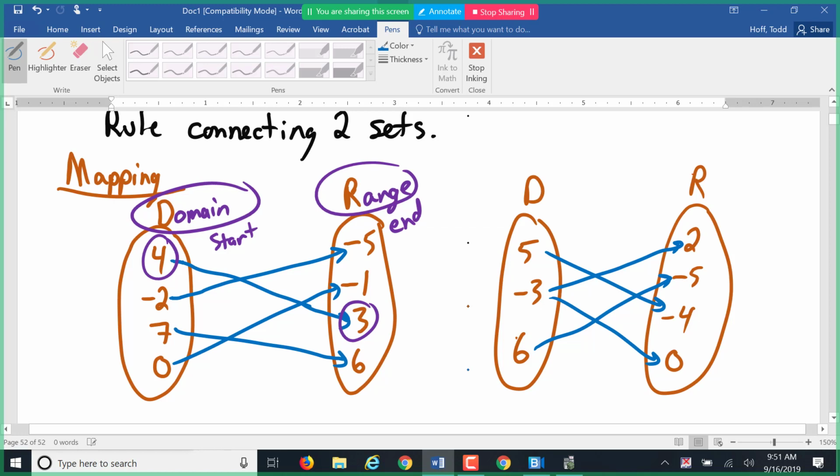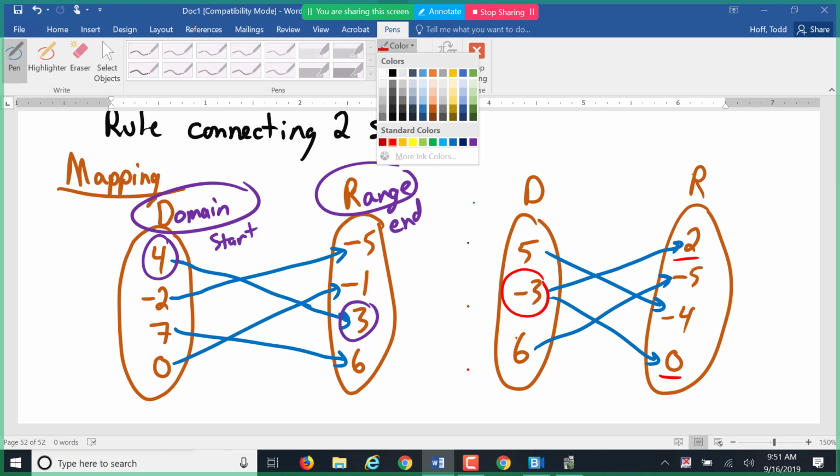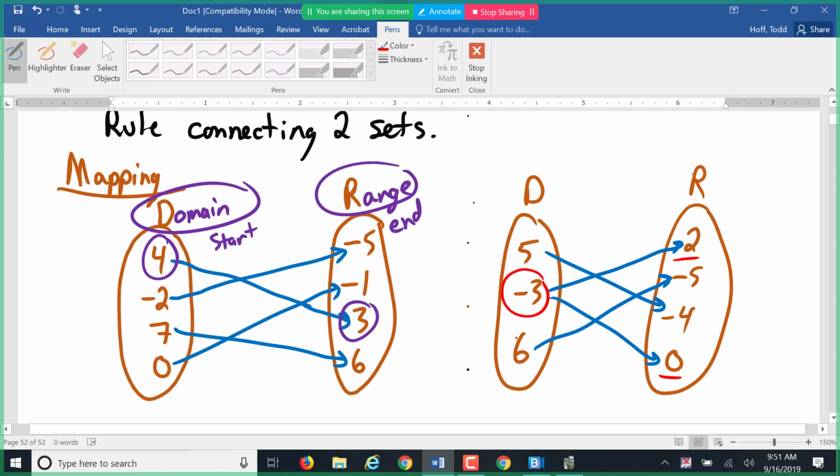This is still a relation. We're mapping values or items from the domain into items from the range. But you'll notice in this case that -3 goes to 2 different values in the range. That relationship is going to be important when we distinguish between relations and functions in a few minutes.